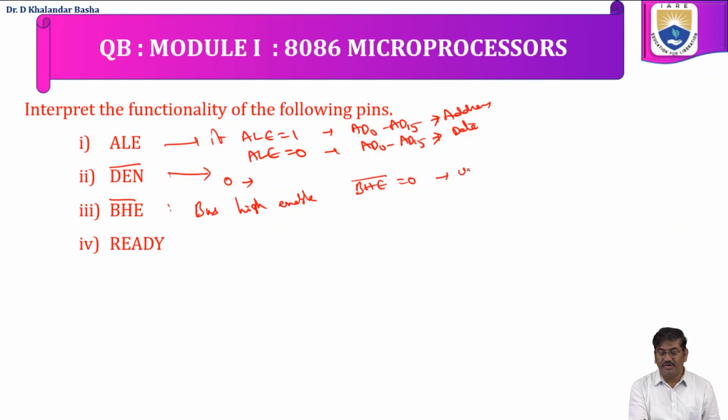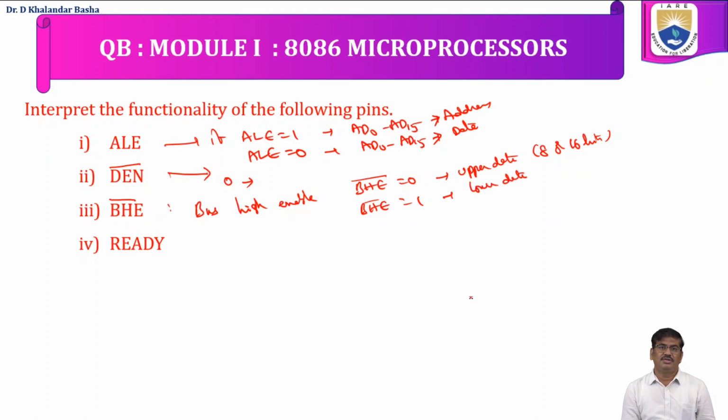It indicates we are accessing the upper data, whether the data size is 8 bits or 16 bits. When BHE bar is equal to 1, we are referring to lower data only. So 8-bit or 16-bit transactions will be done by using BHE bar and A0.